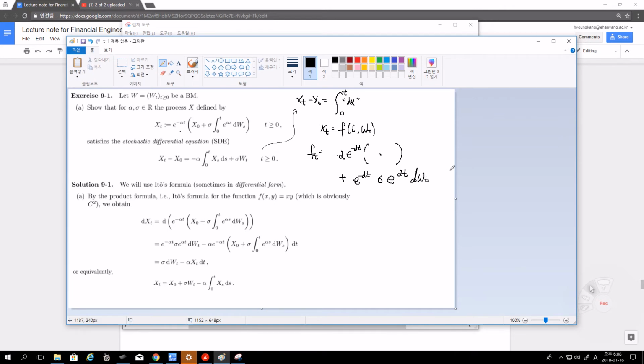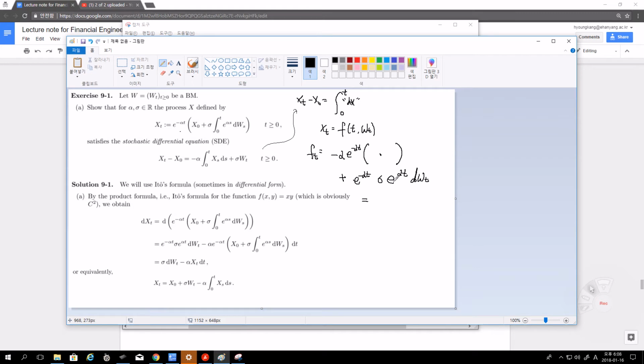So ft looks like this. And then if we take the derivative with respect to wt, well, it is all integrated out. So it is not a function of wt. So we want to write it in a cleaner way.